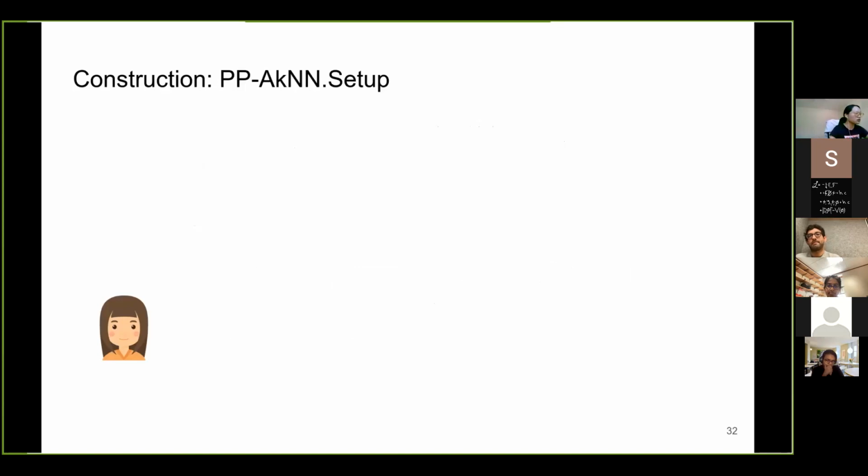Okay, so let's look at how we use these building blocks in our generic PPA KNN.